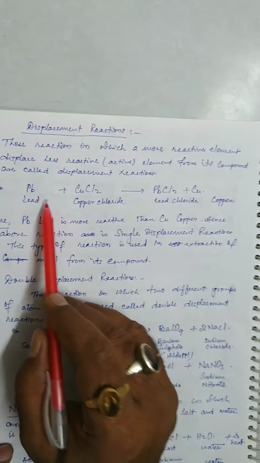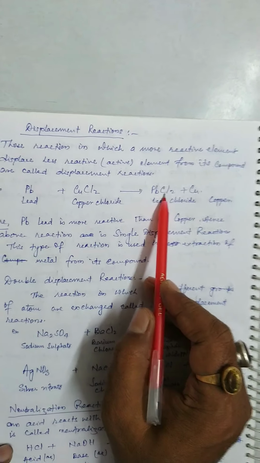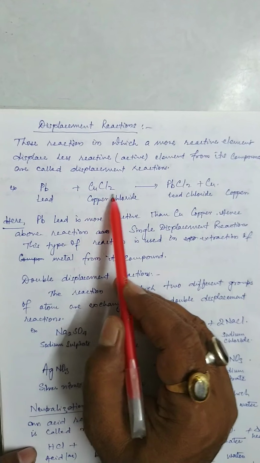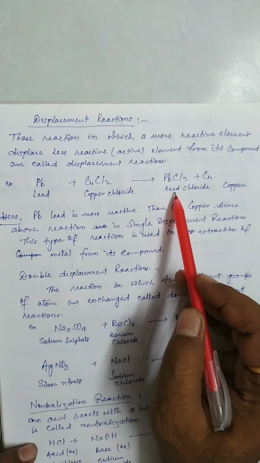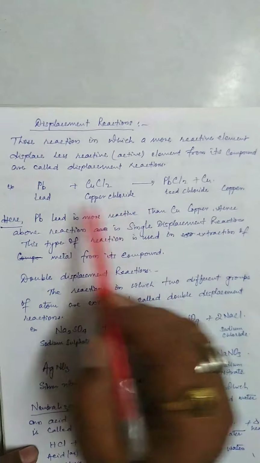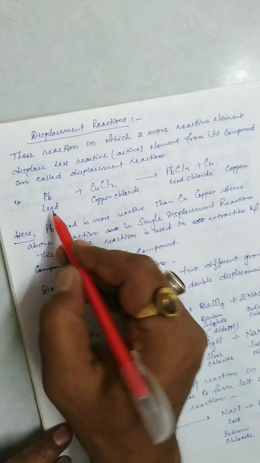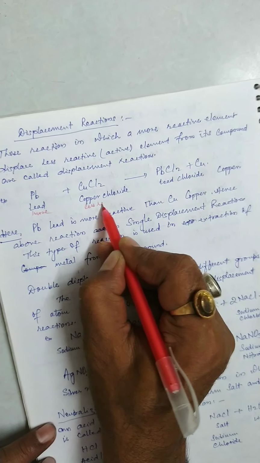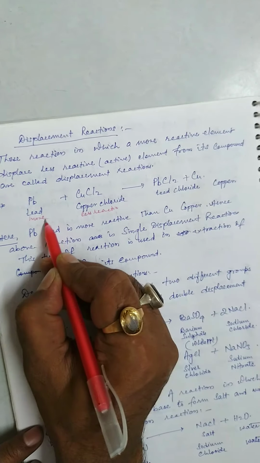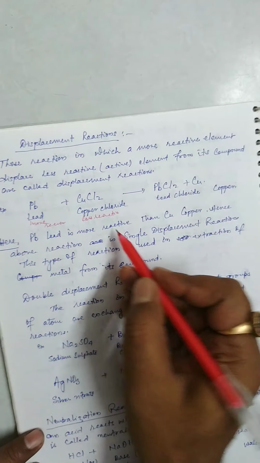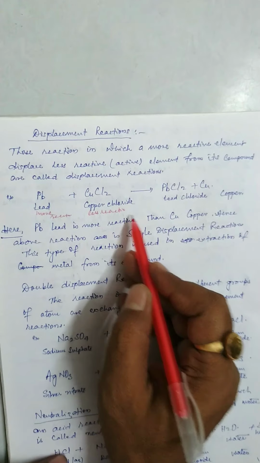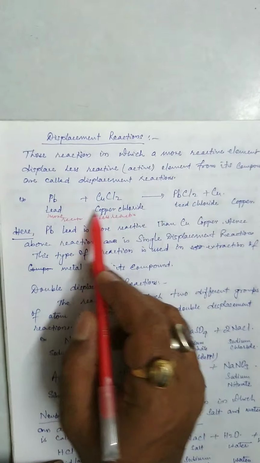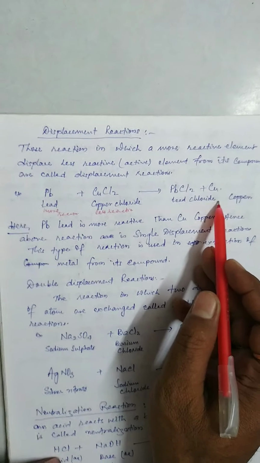When we use the reactivity series in this reaction, it means lead reacts with copper chloride, it forms lead chloride and copper. Lead is the more reactive element and copper is the less reactive element, and the more reactive element displaces the less reactive element from the compound and copper is out. Hence, this type of reaction is a displacement reaction.